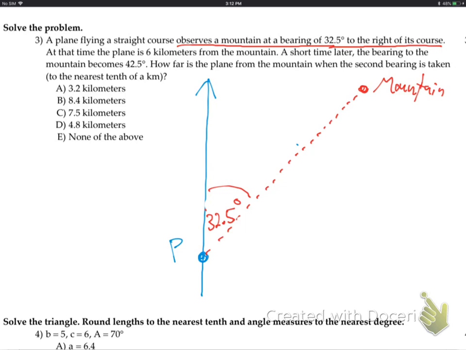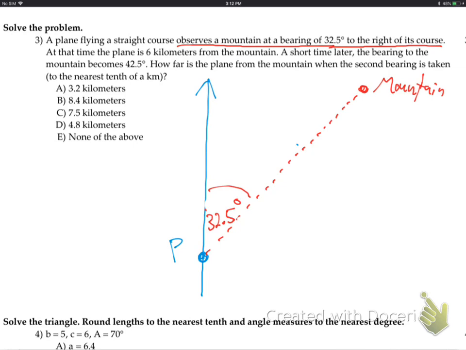See what that's saying? Does that make sense? Were you able to come up with that? If not, do you see now how you can do that kind of thing? That'd be like me saying, hey, I was headed on a course, and then I looked over to Clarence, and he was 30 degrees off my course, to the right of my course. So that's what they're saying.